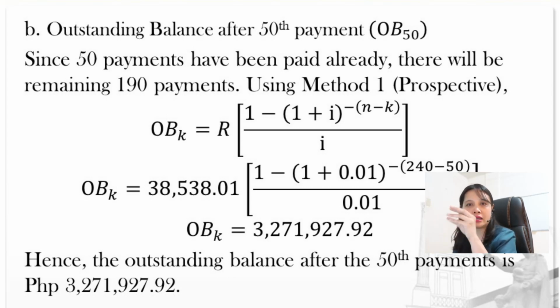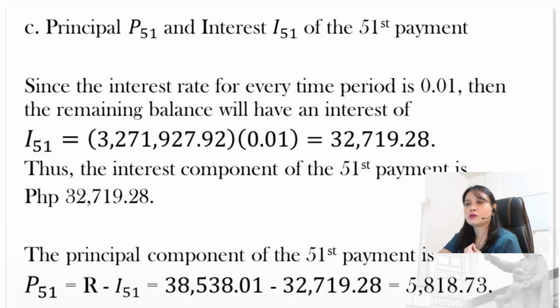So by applying the formula in getting the outstanding balance, your outstanding balance after the 50th payment is 3,271,927.92. Okay, so yan pa yung babayaran after the 50th payments. Okay, so hence the outstanding balance after the 50th payment is 3,271,927.92.